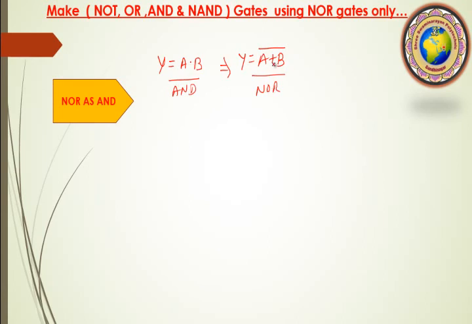So I want to convert this plus to a dot product. The same way here I require De Morgan's law to convert the plus form to dot product. So this is our De Morgan's law: (a plus b) bar is equivalent to a bar dot b bar.